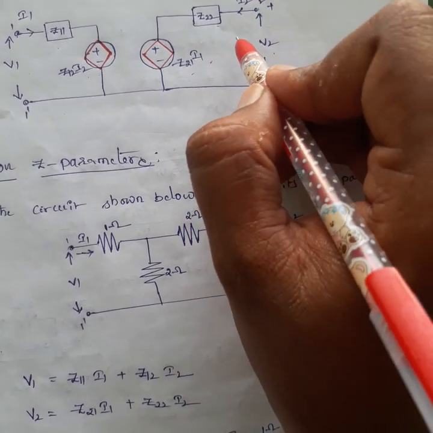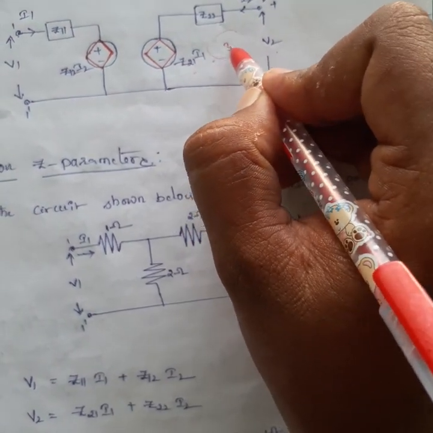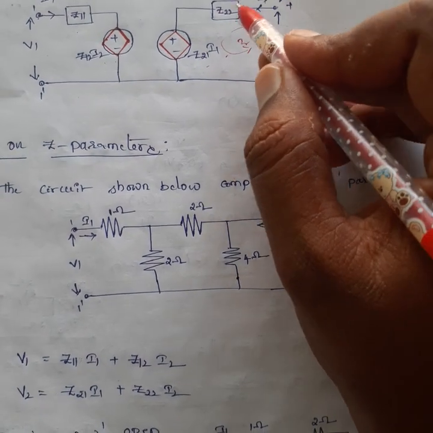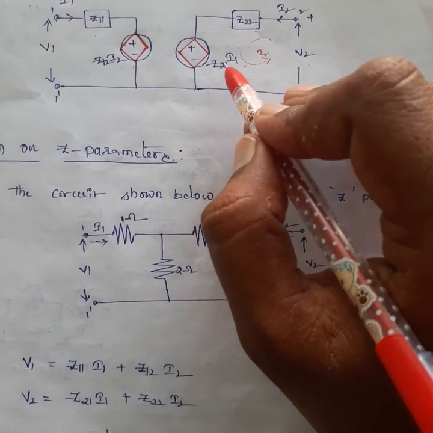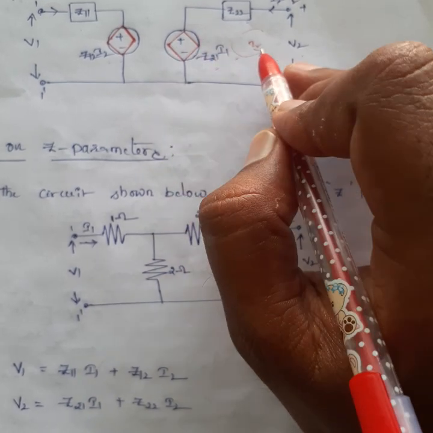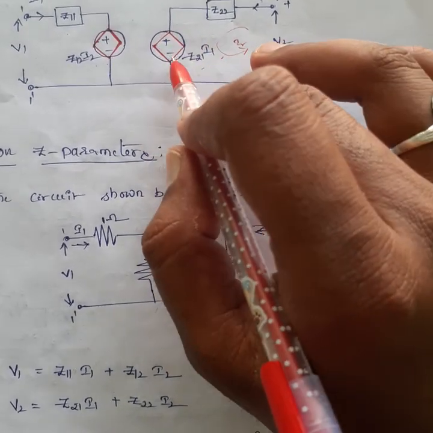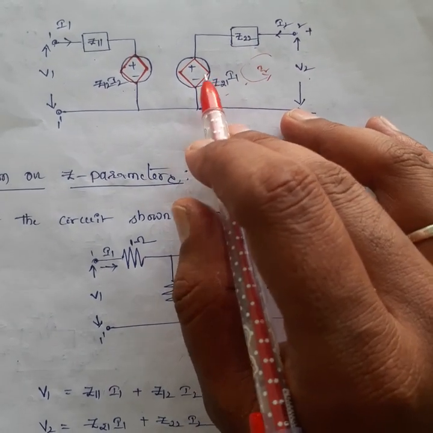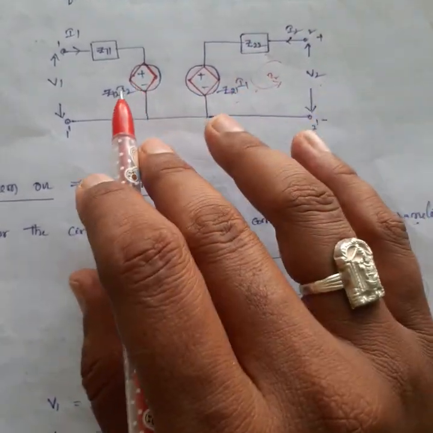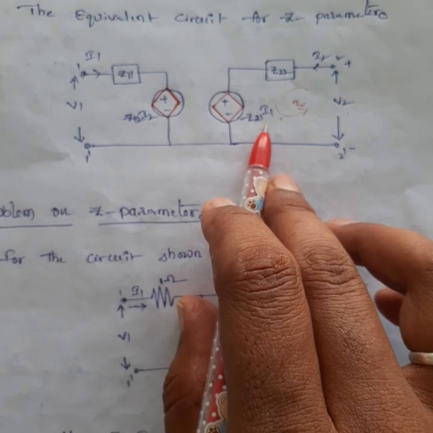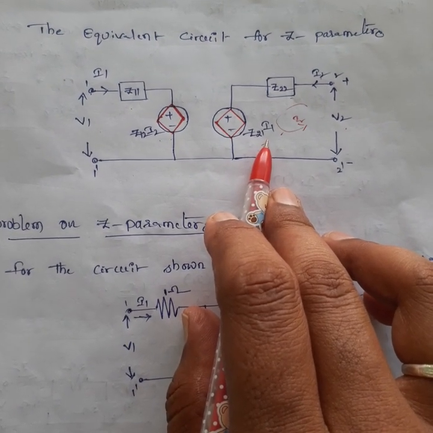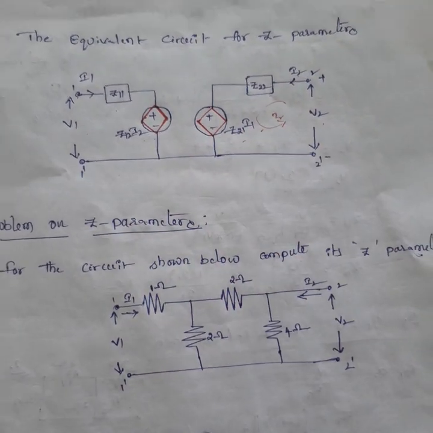This is taken as one loop, so V2 equals I2 into Z22 plus I1 into Z21. Here V2 is a dependent variable, so I am taking dependent sources. This is the equivalent circuit of Z parameters.